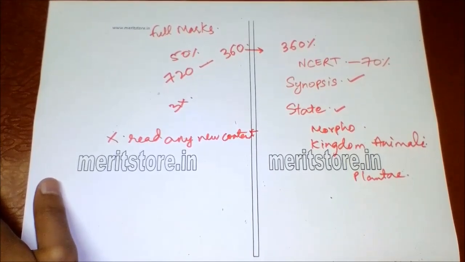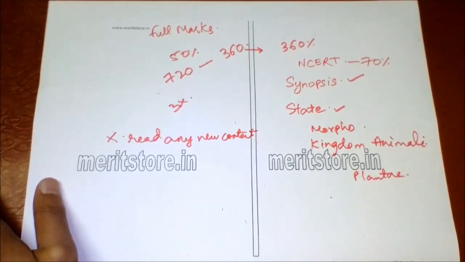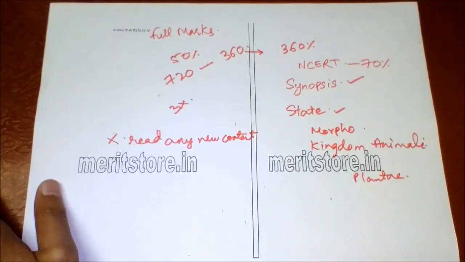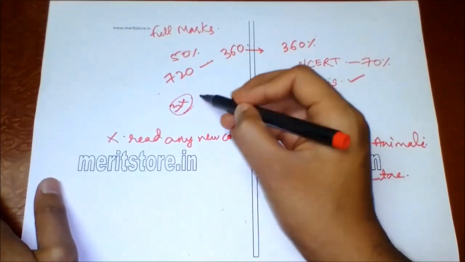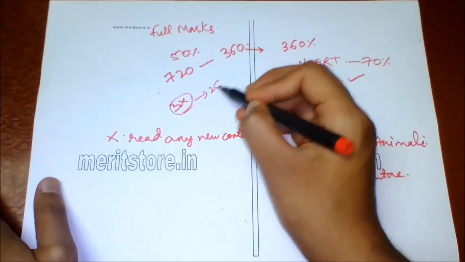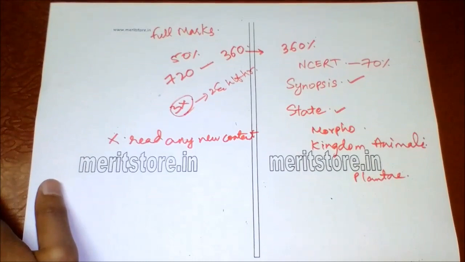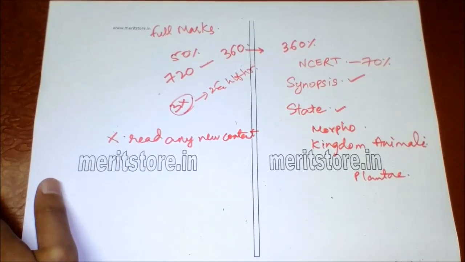So use a highlighter, mark correctly the important words and terminologies you want to refer to at the last minute, because revising 3 times should be done within 2.5 hours: the whole NCERT textbook 1, NCERT 2, and the state book or synopsis, whichever you are referring to, and some important MCQs.